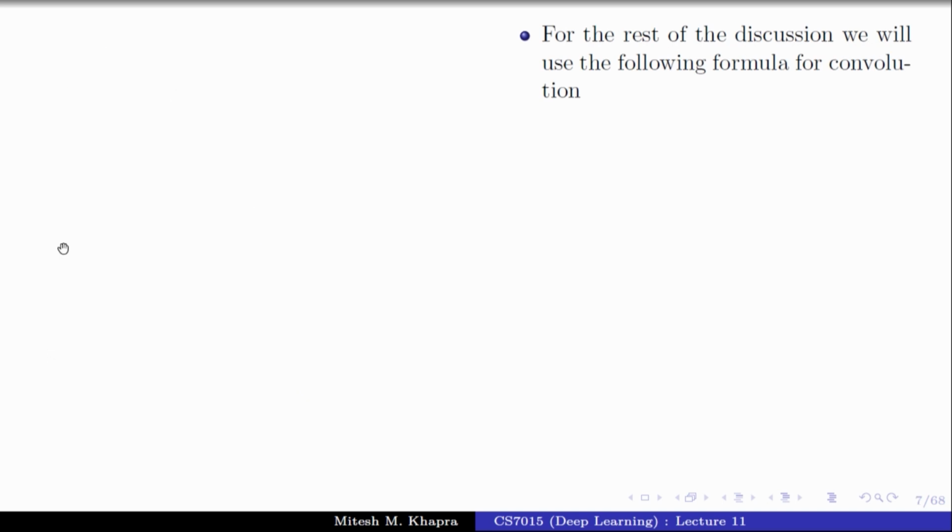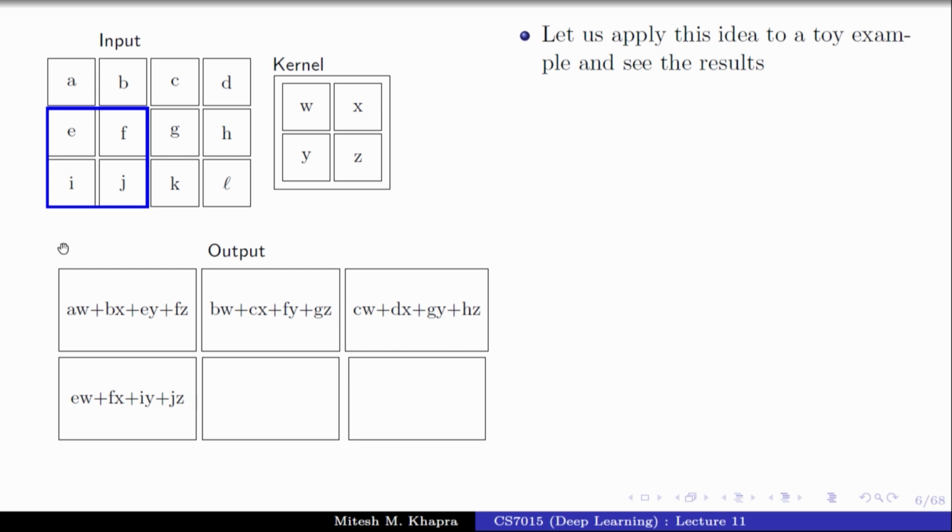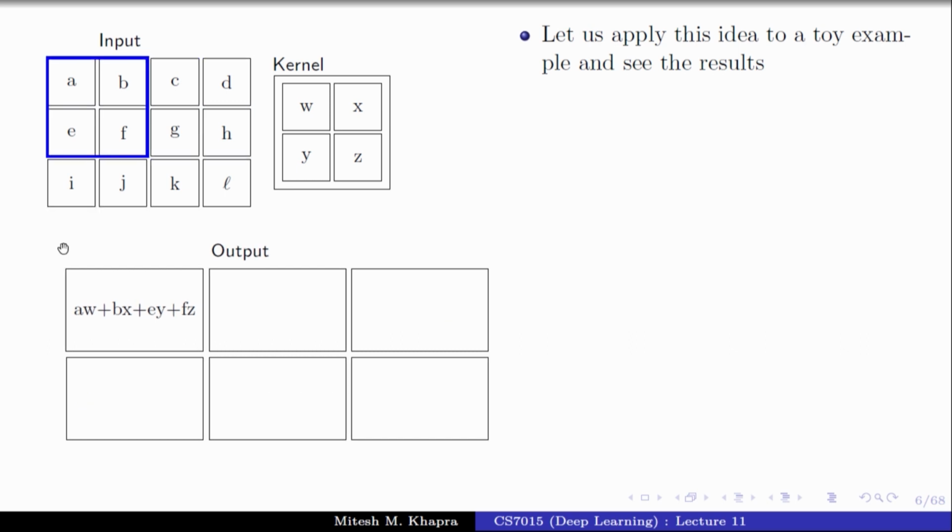So for the rest of the discussion, what I've done is, in this case, one way of saying it is that when I was interested in A, I was looking at all the future neighbors of A, right? I was looking at the pixels on the right and the bottom. But a more proper way of doing this would be what?